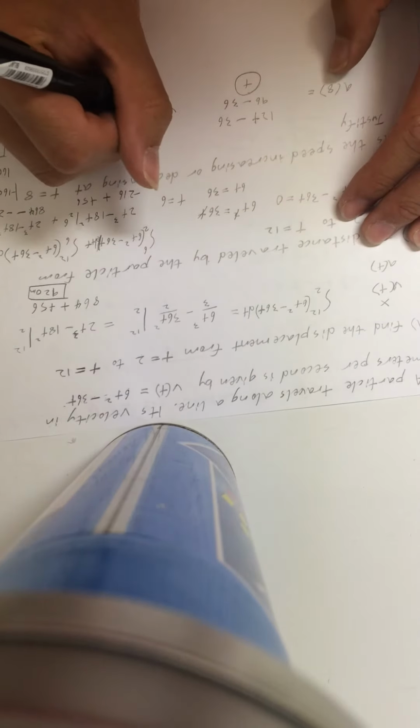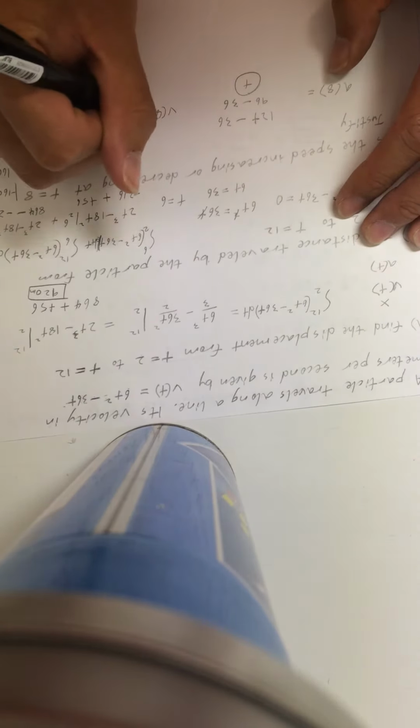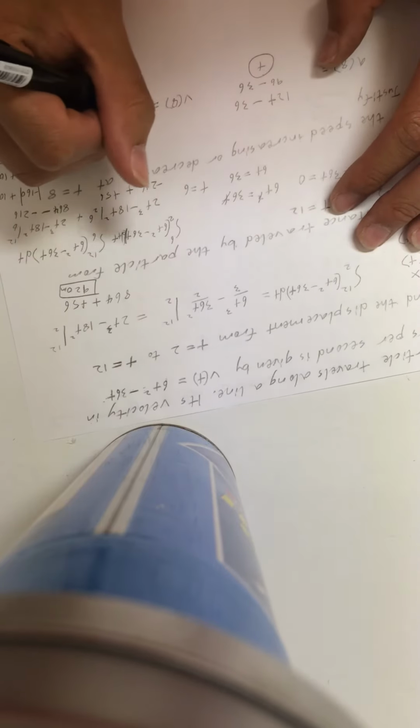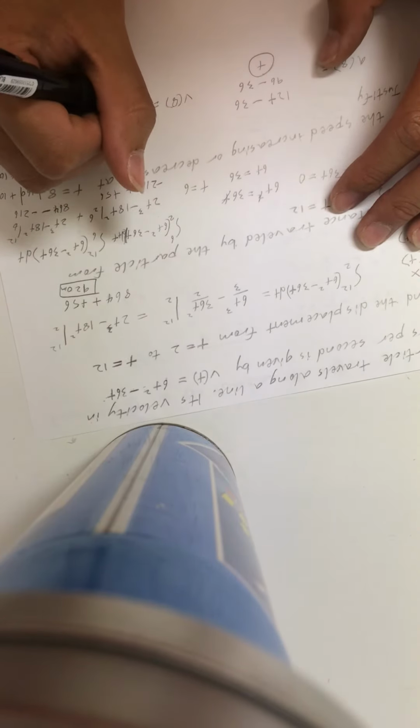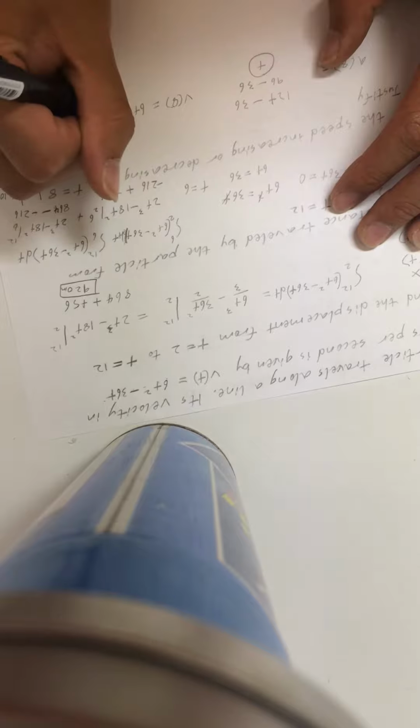Now for v of t, so v of 8 equals 6t squared minus 36t. Alright, plugging in 8. Okay, so 8 stored as x.